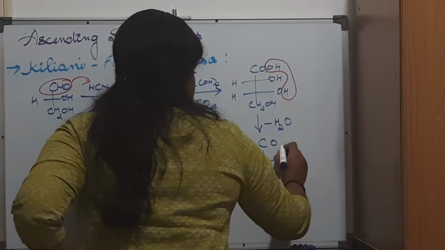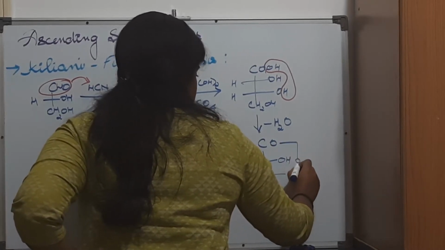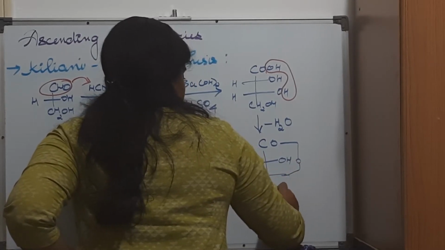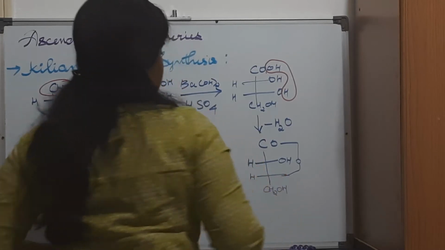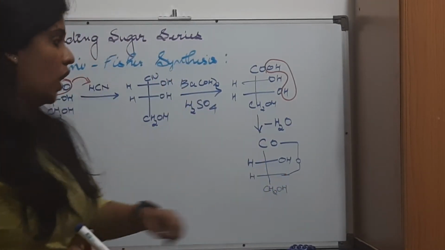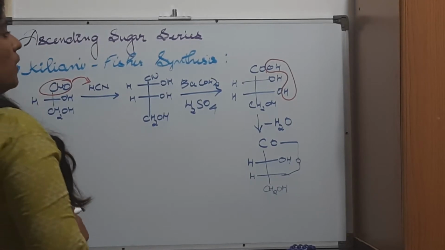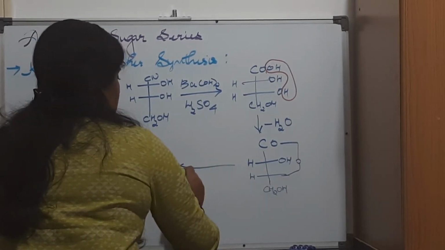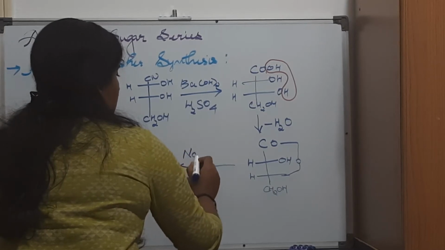This is a gamma lactone that is formed, and the bottom CH2OH is there as such. So a gamma lactone is being formed, and now I have to break this gamma lactone, or reduce it, using sodium amalgam, Na-Hg.